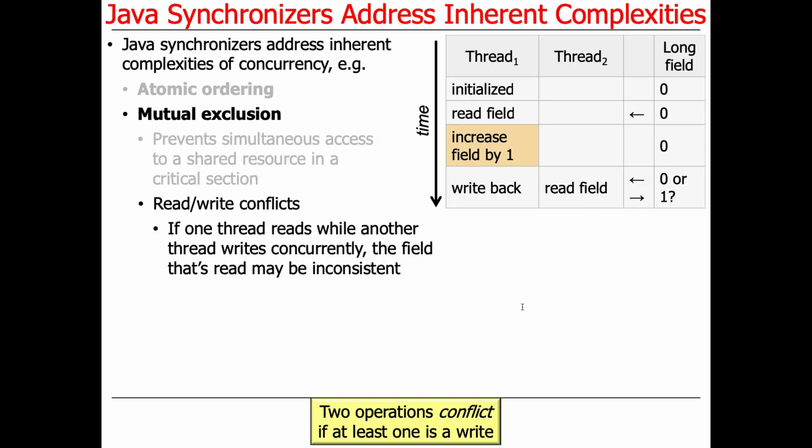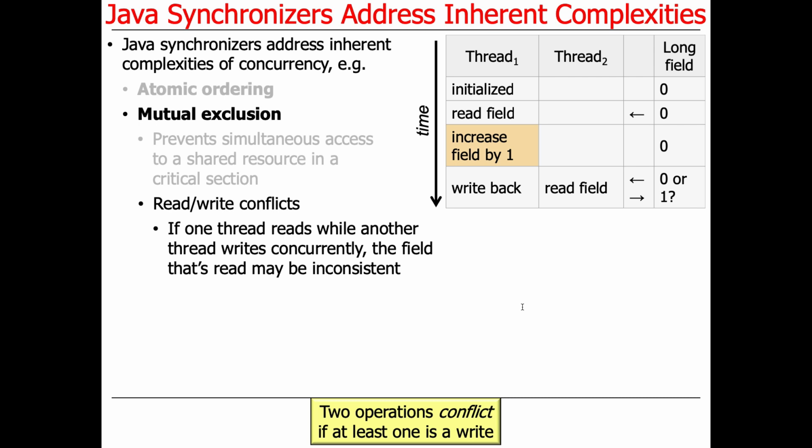Here are a couple examples to illustrate this. So let's imagine thread 1 and thread 2 are doing stuff. If we don't have synchronization, then we increment this thing by 1 and then simultaneously write back the incremented value while this thread reads the value, right?